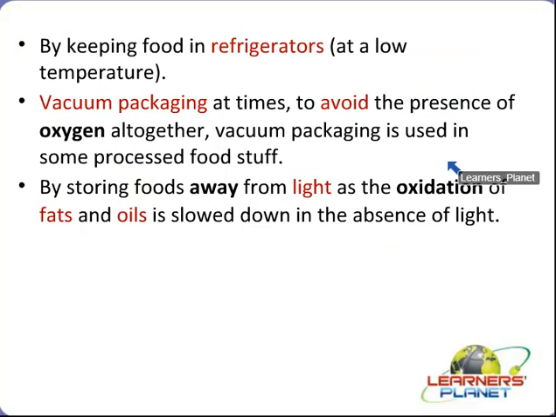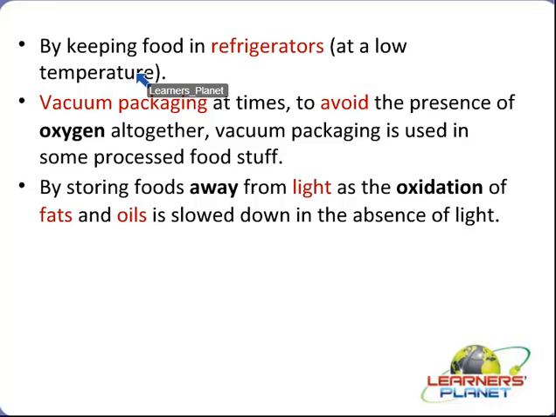How else can we prevent rancidity? By keeping food in refrigerators at low temperature. Now how does it prevent rancidity? At low temperatures what happens? The rate of reaction decreases, or the reaction becomes slow. For every reaction, students, there is some breaking of bonds and some formation of new bonds.